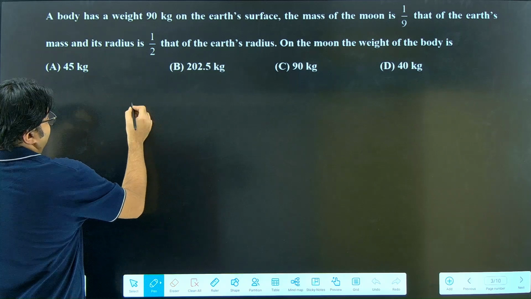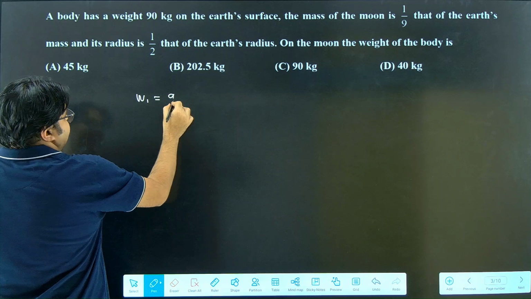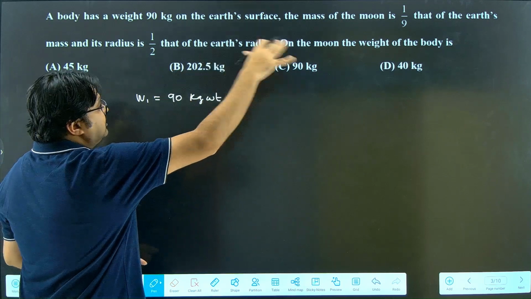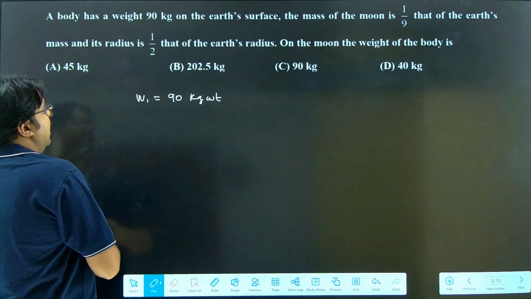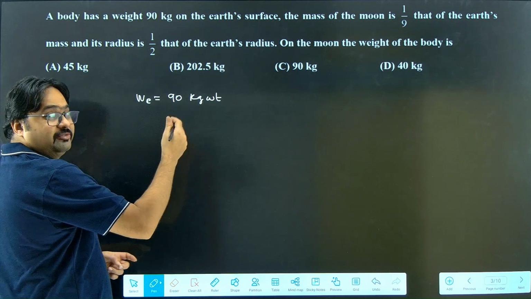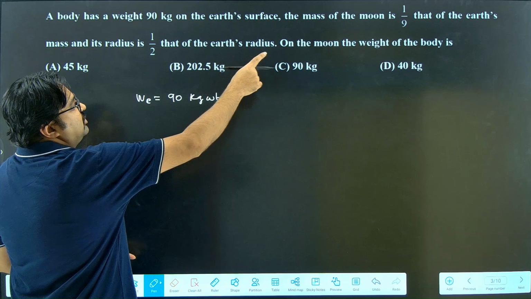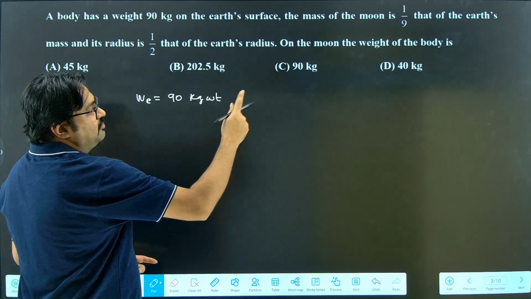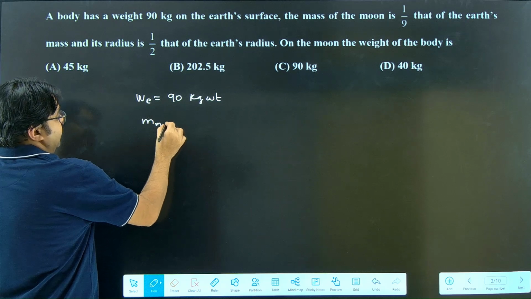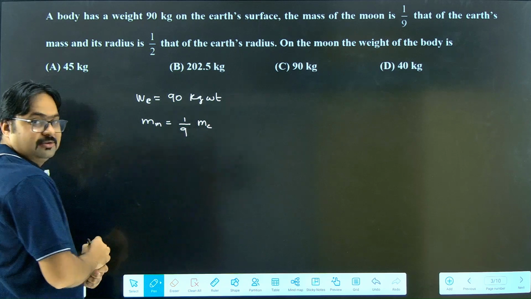So we can write the weight of the first body, W1. The body is 90 kg weight on the surface of the earth. Maybe I'll just write this as WE, which means weight of the body on the surface of the earth. The question says that the mass of the moon is 1 by 9 of that of the earth's mass. So mass of the moon is equal to 1 by 9 times mass of the earth.